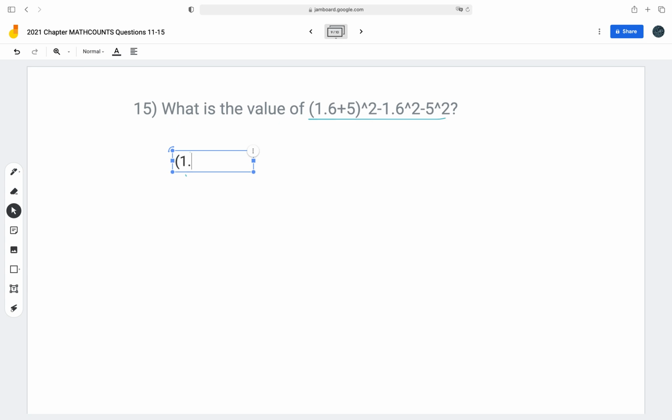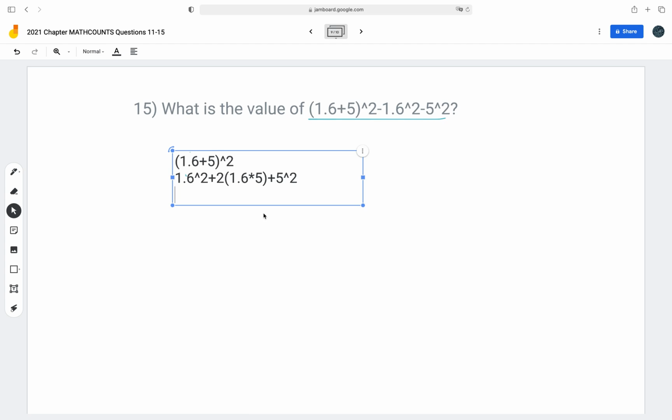So we have 1.6 plus 5 squared. So that is 1.6 squared plus 2 times 1.6 times 5, because you want to do your FOIL, plus 5 squared.